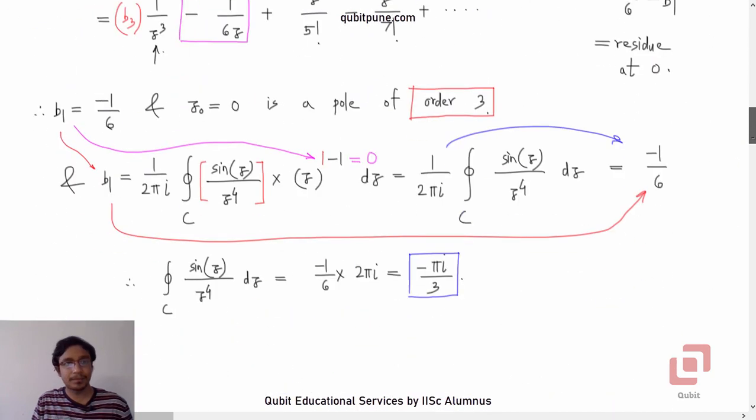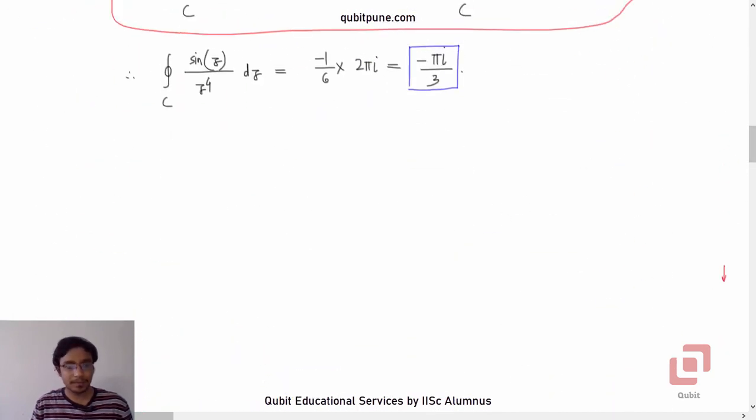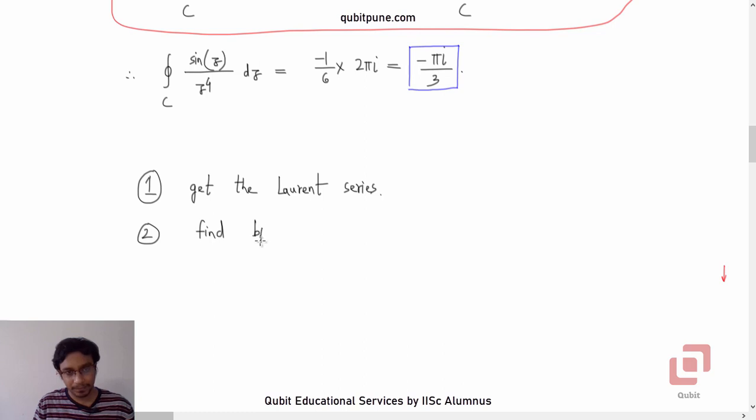Which means so far it appears to be the following. Step 1, get the Laurent series. Step 2, find the coefficient b1. Step 3, the value of the integral of the function f of z with respect to z is going to be 2 pi i times b1.